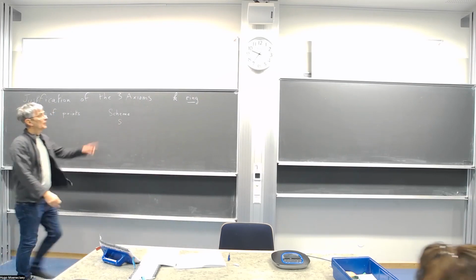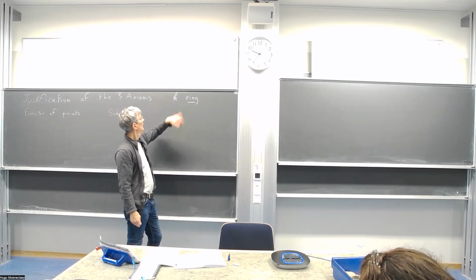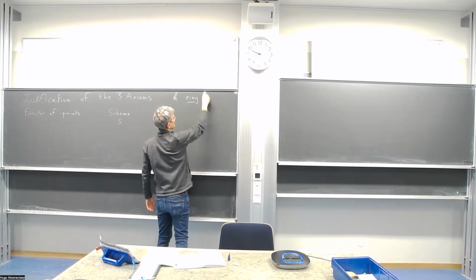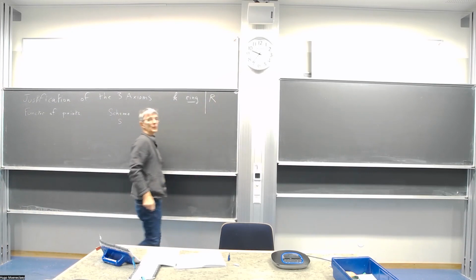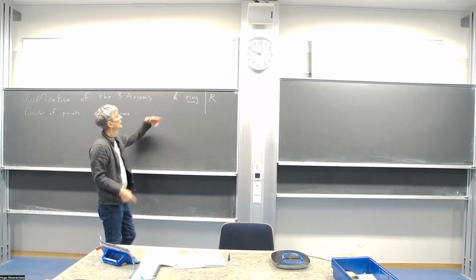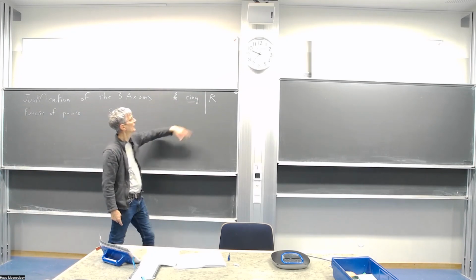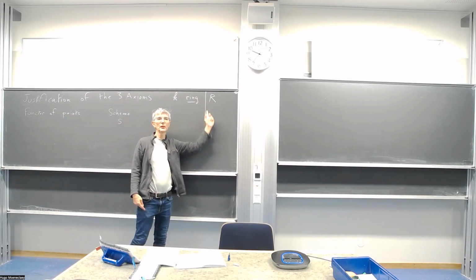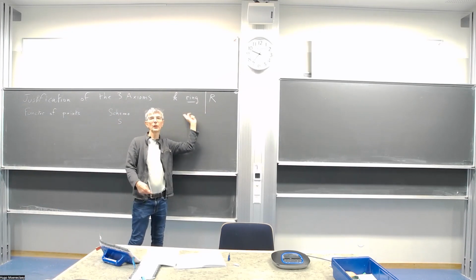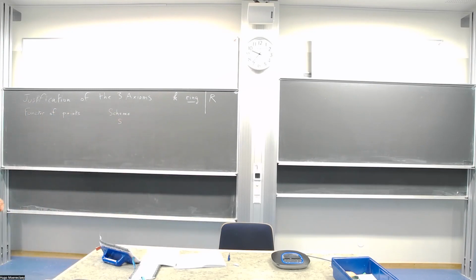So there will be finitely presented K algebras, but it's not the same as what we saw yesterday for the ring R. There we look at finitely presented K algebras. Here we look also at finitely presented R algebras. So it looks like we do twice the same thing. It's very different. That's okay.